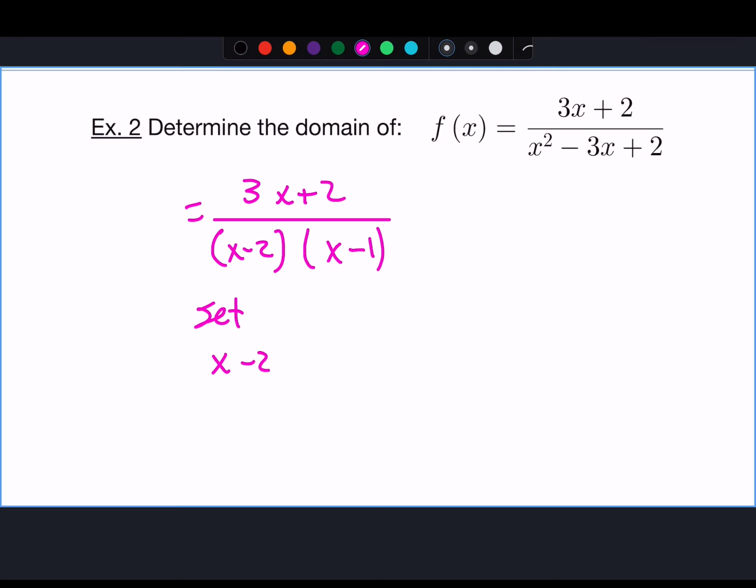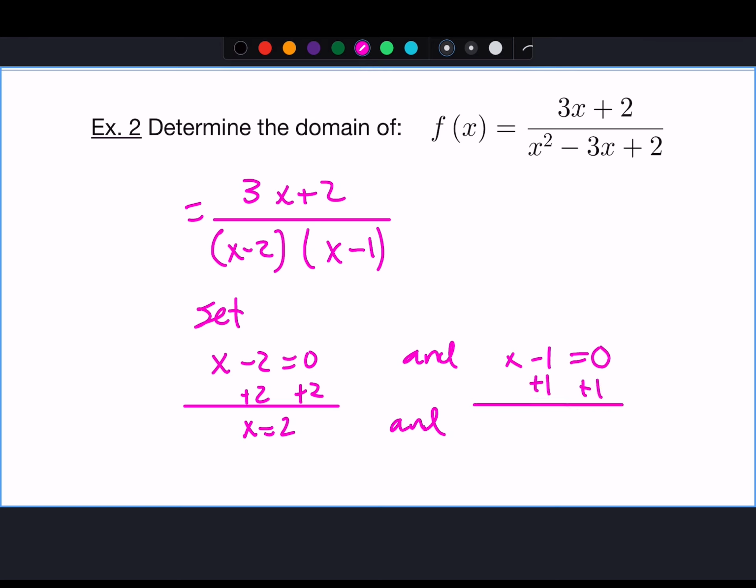So we'll set x minus 2 equal to 0 and x minus 1 equal to 0. If we add 2 to both sides of this one, we get x equals 2. And add 1 to both sides of this one, and we get x equals 1. So really what we're saying is x cannot be 2 and x cannot be 1.